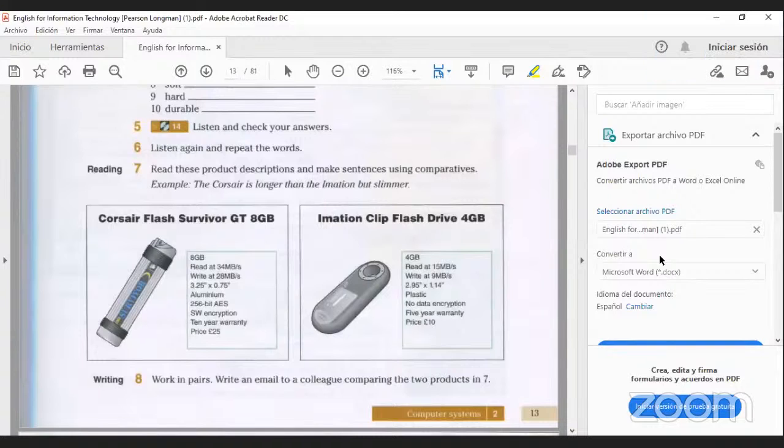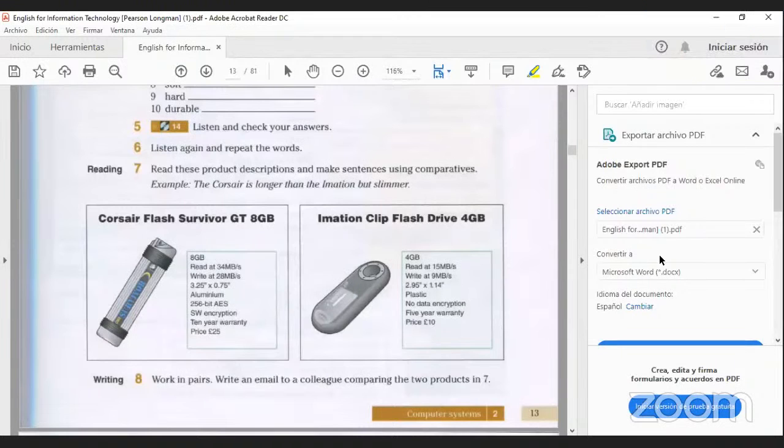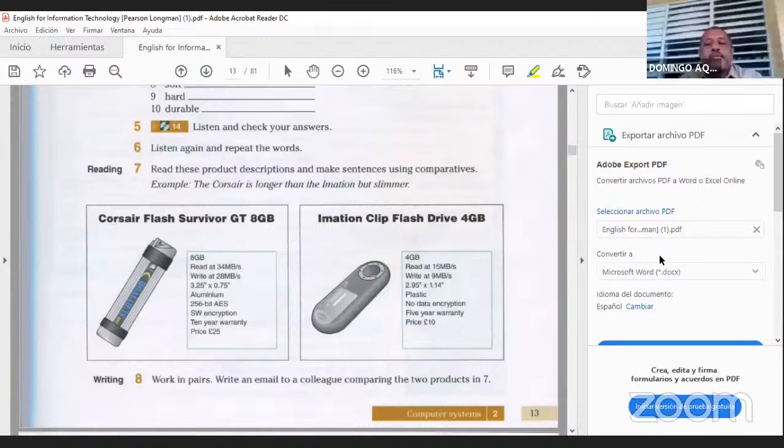Okay, make a comparative sentence. Sentence with the characteristic number 3. Write 28 megabytes per second, write 9 megabytes per second.